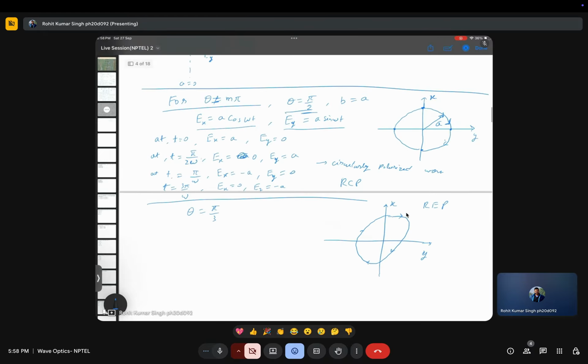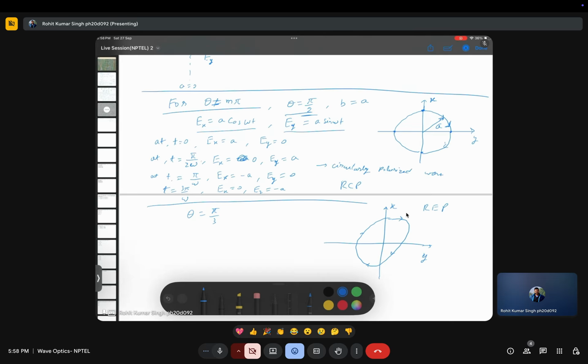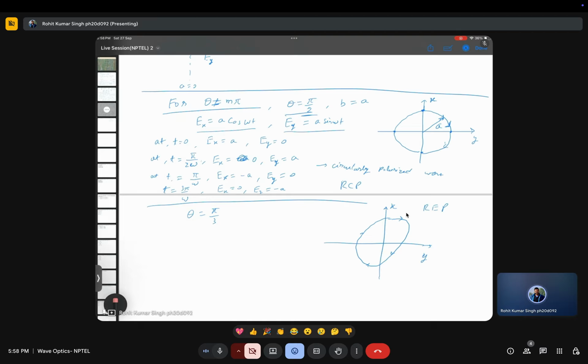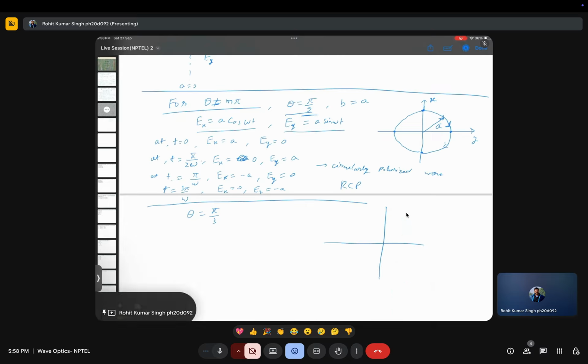Now you see this is very interesting. Let me show you how. What I said, at theta equal to pi by 3, if you calculate the same thing in the same way, you will see that you get an elliptically polarized wave, in this direction.